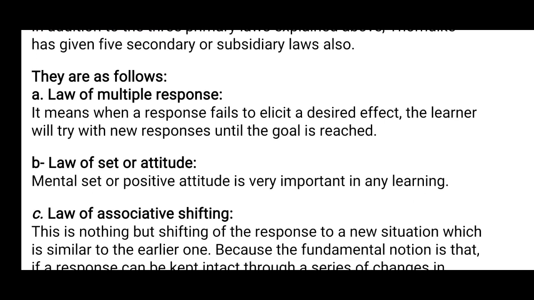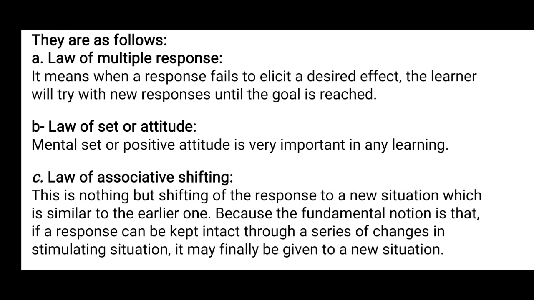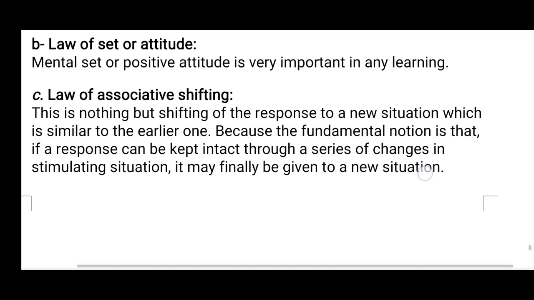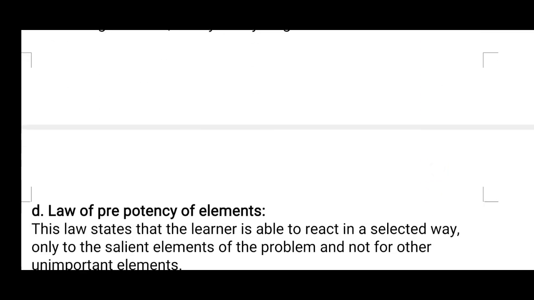The law of set or attitude: mental set or a positive attitude is very important in learning. If a person is not learning the things positively, he will not learn the things. Associative shifting means a person will have to shift his knowledge and fundamental notions in learning. If a person does not apply his own knowledge and attitude in the learning process, he will not learn by himself.